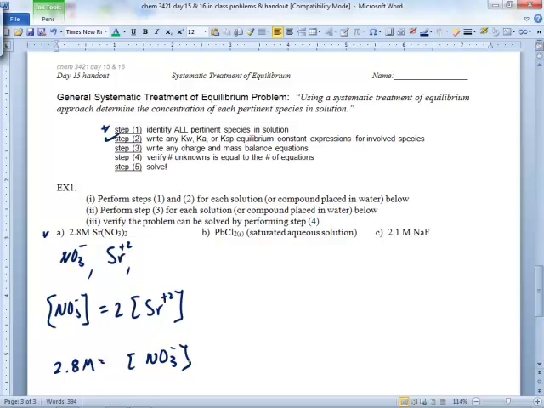If you pick the NO3 minus, you have 2 of them. So it might be easier instead of messing with nitrate, to use the strontium. So 2.8 molar. You just have to put a 2 here. That works. But I was expecting her to say that this equals strontium.